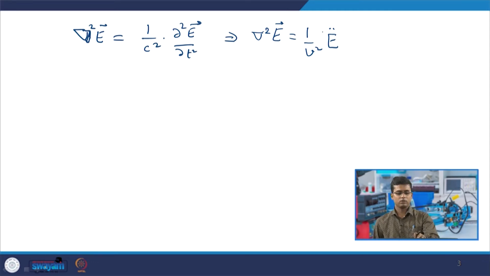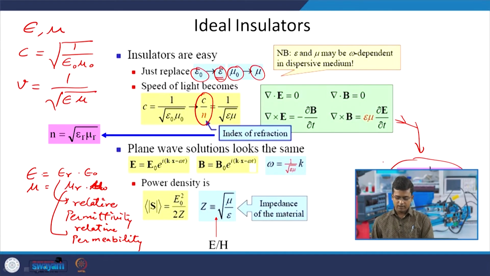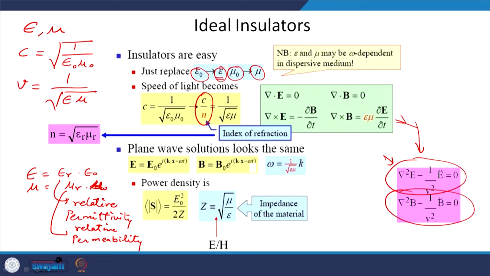Okay. So, that is what we have written here. You can solve for plane wave like solutions which are similar to what we had previously, and now you have here omega is equal to k times V.